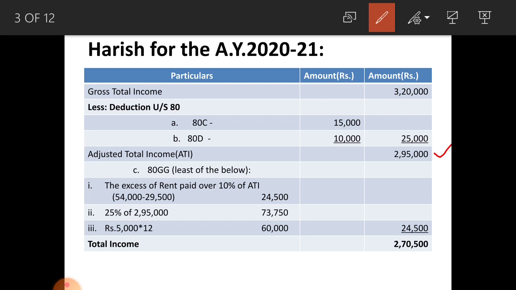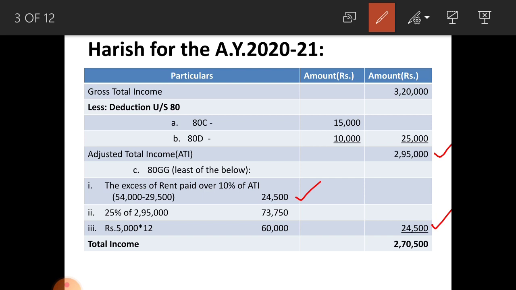Next, second one, 25% of ATI, that is 2,95,000, amounts to rupees 73,750. Next, third one, rupees 5,000 per month, for 12 months 60,000 rupees. Whichever is less, you can claim for deduction. Here 24,500, the excess of rent paid over 10% of adjusted total income, is less, so it is eligible for deduction.